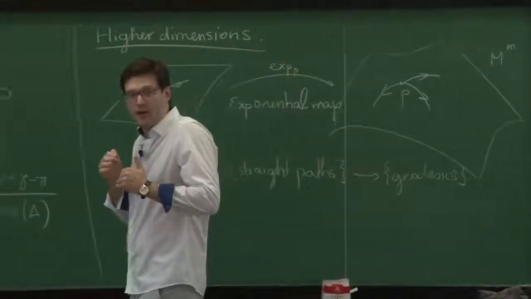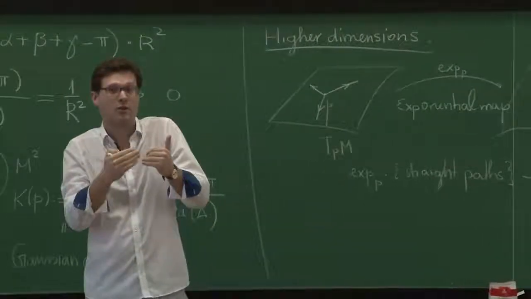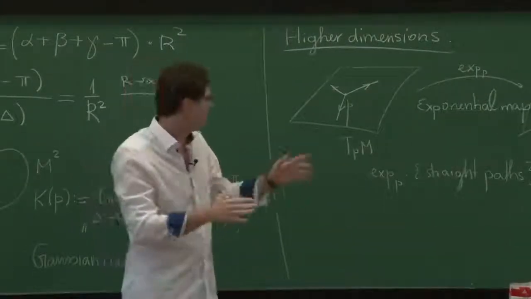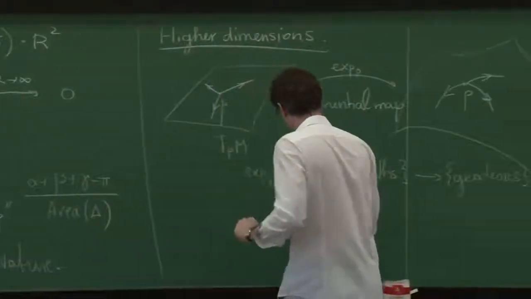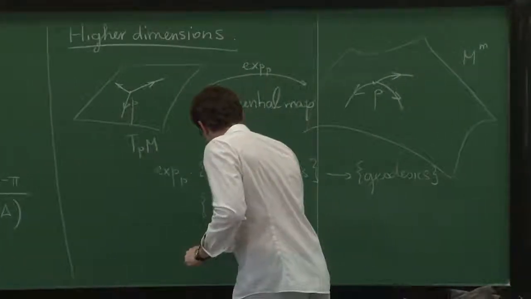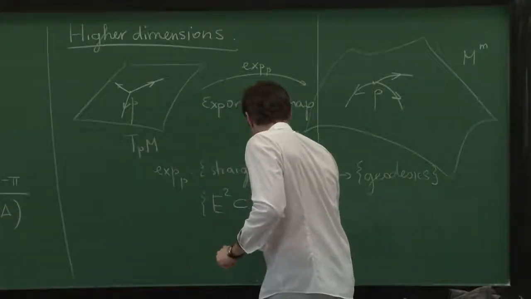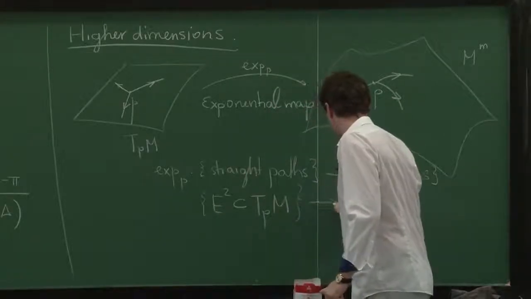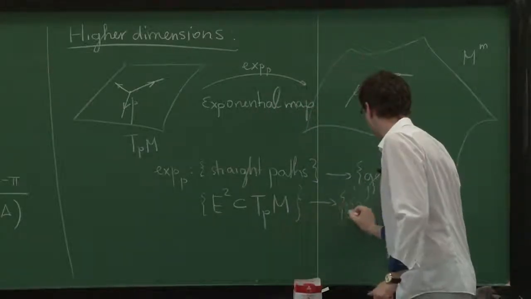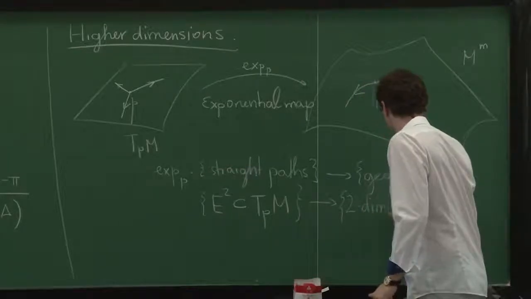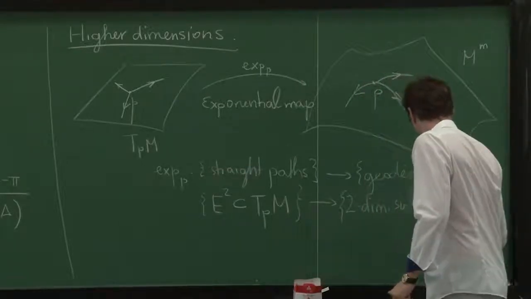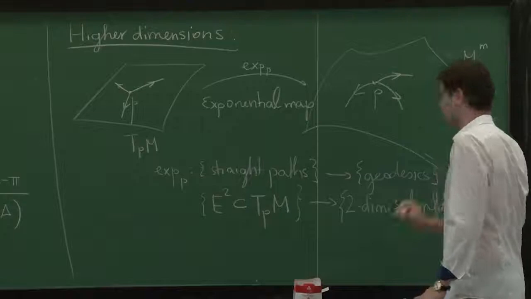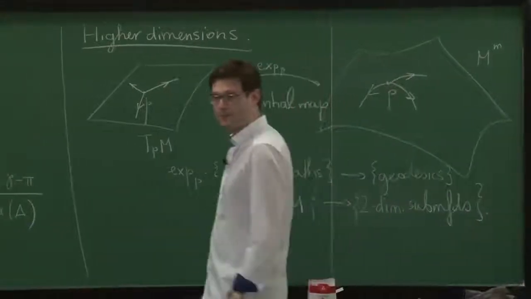And therefore, if I take a two-dimensional subspace E2 in the tangent plane, it is mapped to a two-dimensional submanifold. That's the important thing.